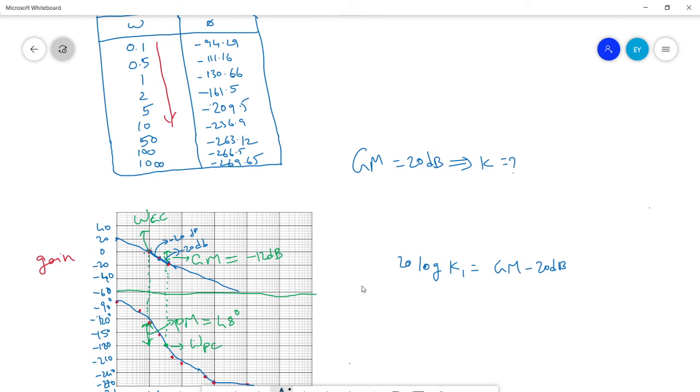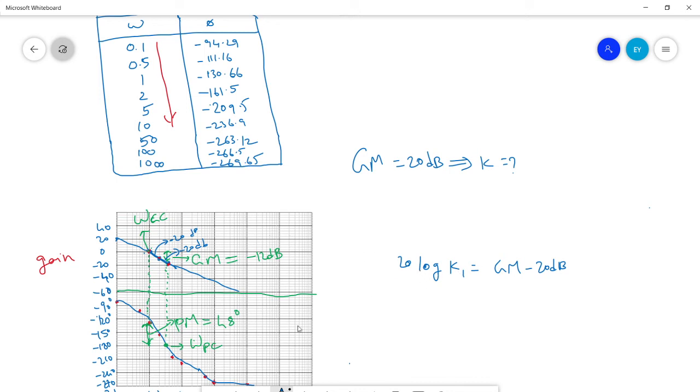So from here, the first step gives us 0 dB when omega is equal to 1. At that time, what we did is 20 log K1, substituting omega equal to 1. At this point what we got is 0 dB.